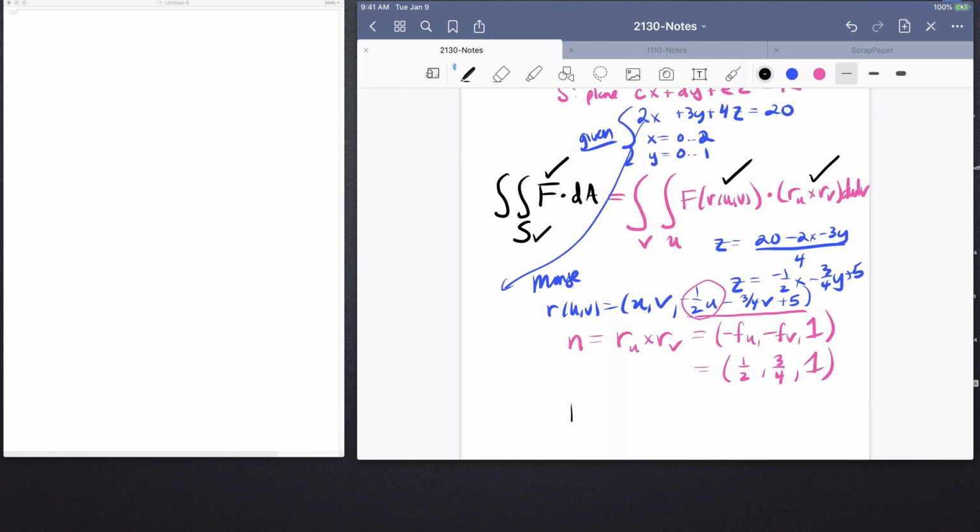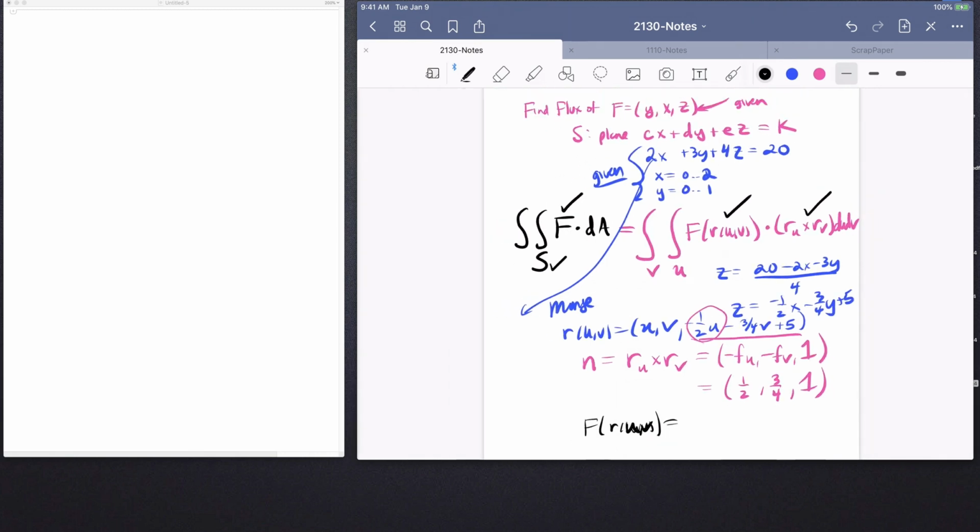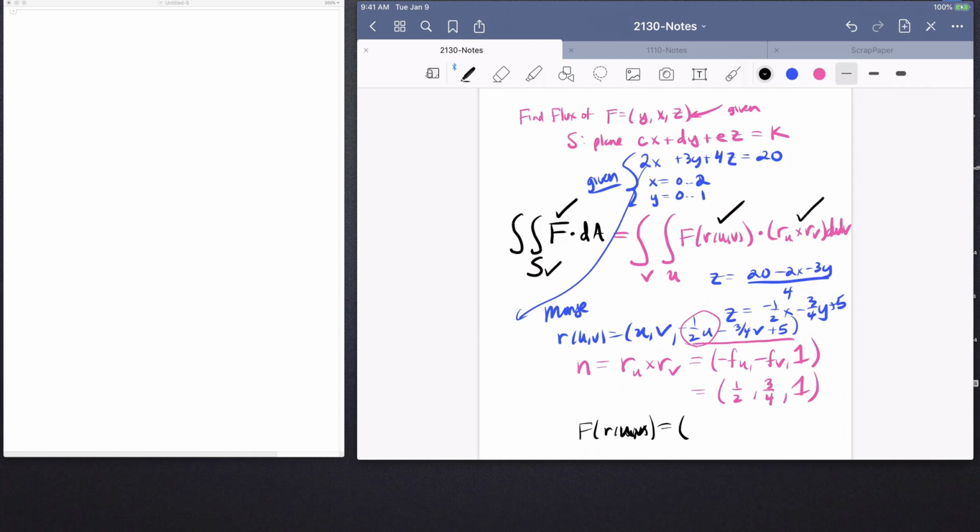Let's look at the vector field along the surface, r of u comma v, and our vector field was y, x, z, so y was equal to v, x was equal to u, and z is equal to minus 1/2 u minus 3/4 v plus 5.